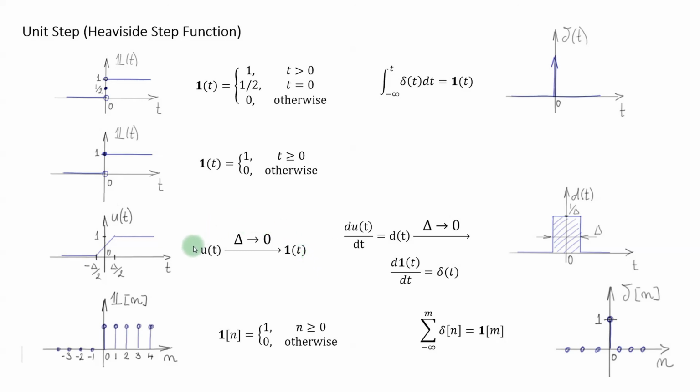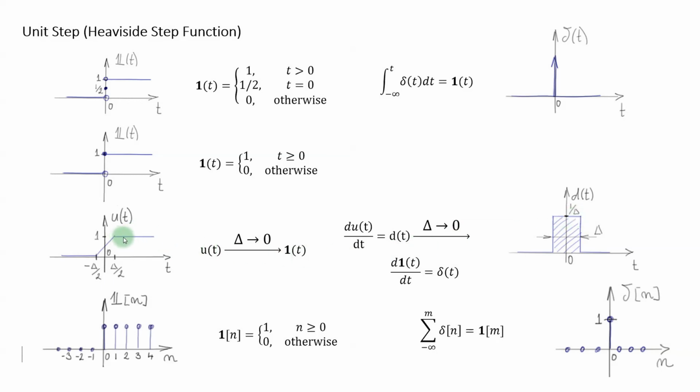When you define the unit step like this, you can actually say that the derivative of the unit step is the Dirac delta function. Why is that? Well, when you take the derivative of this function u, you will actually get this function d that we used to define the Dirac delta function. Let's take a look at it. Here the derivative would be 0, so here you have 0. Here the derivative would be 1 over delta, and here you have 1 over delta.